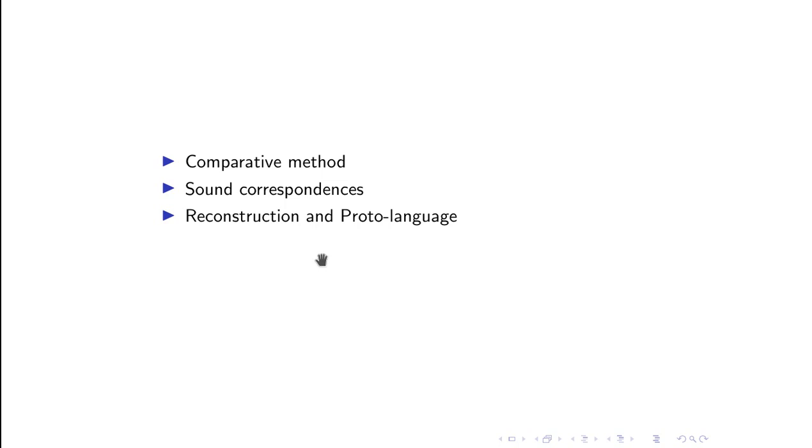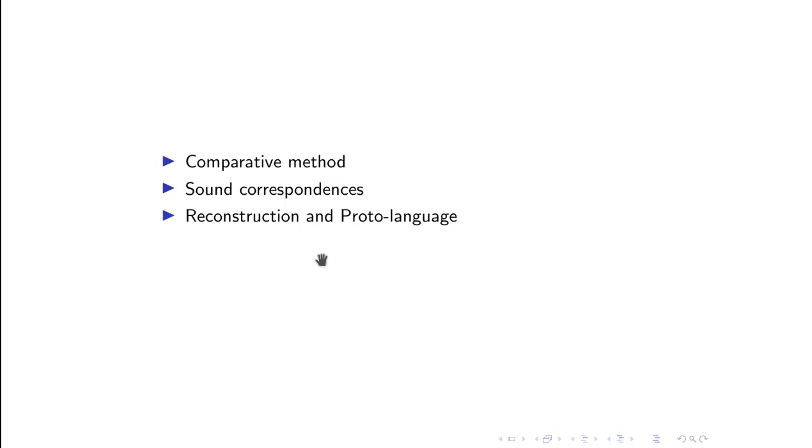So the most important tool that comparative linguists have is the comparative method. And the comparative method is used to identify systematic sound correspondences. We'll look at what they are in a bit.